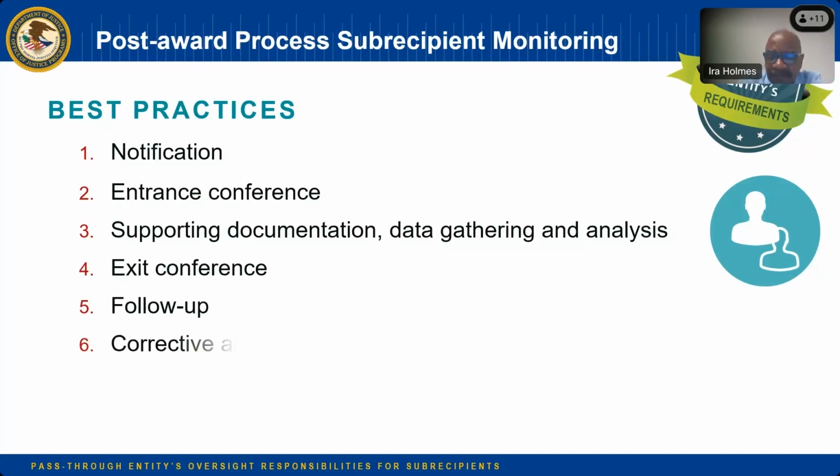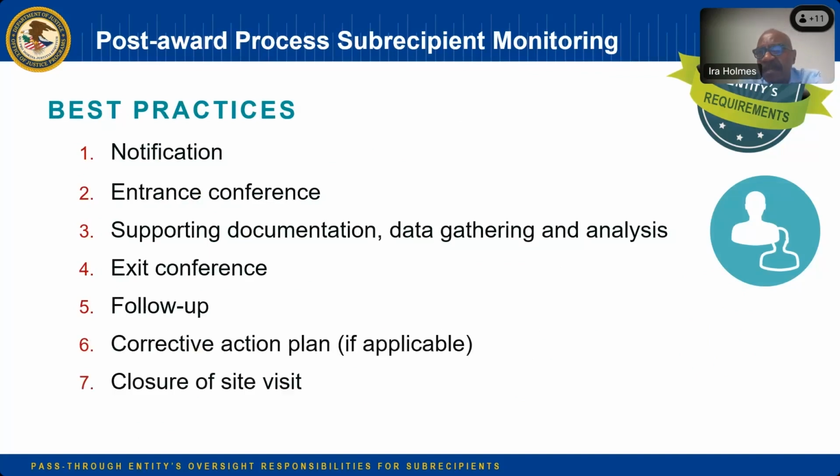In post-award monitoring of your subrecipient, these are the best practices we advise. First thing in the site visit is notification. Have an entrance conference with the subrecipient. Ask for and receive supporting documentation. Have an exit conference with your subrecipient.